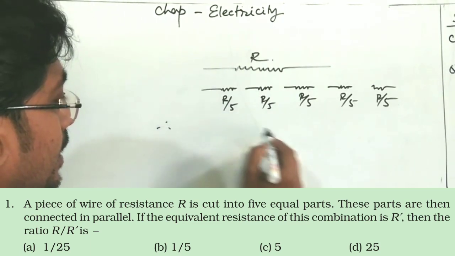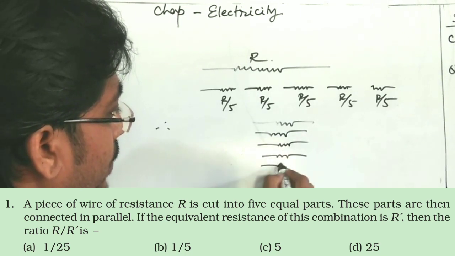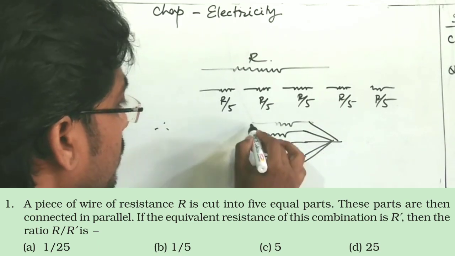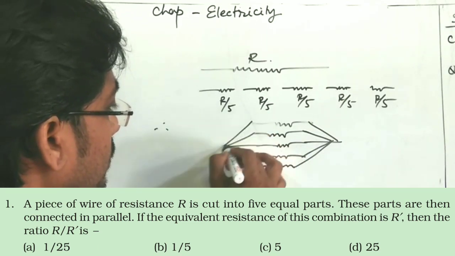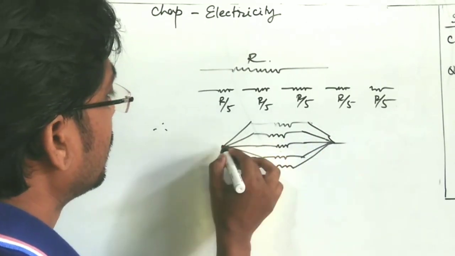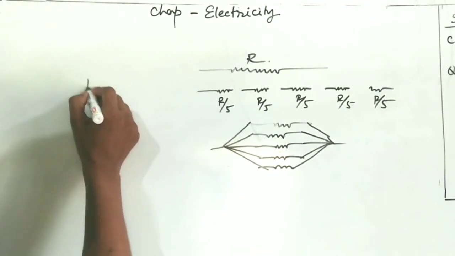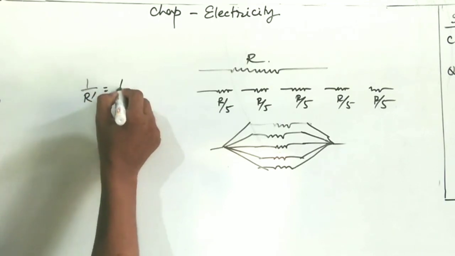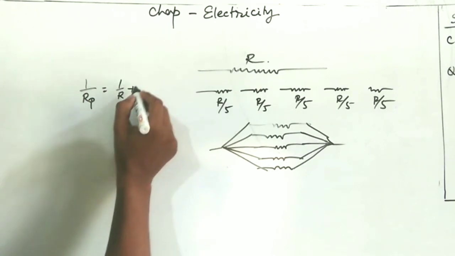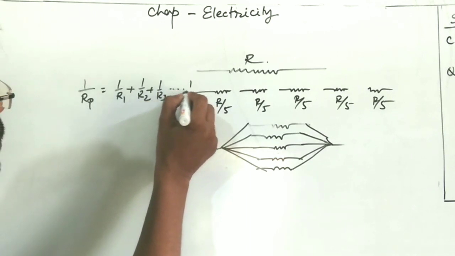Then what if they are connected in parallel? Parallel means in this way. What will be the parallel resistance combination formula? The general formula is 1 by Rp is equal to 1 by R1 plus 1 by R2 plus 1 by R3 up to 1 by Rn.